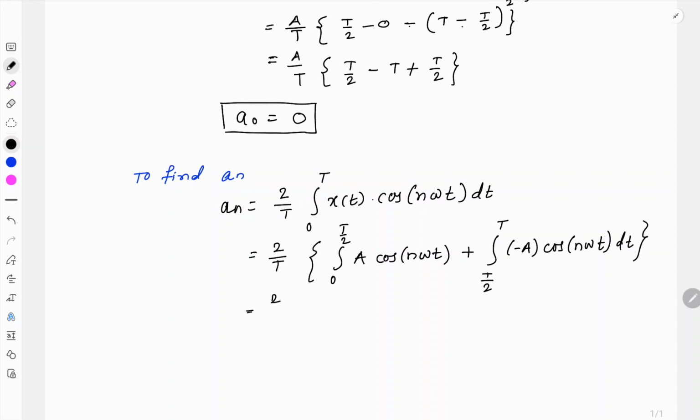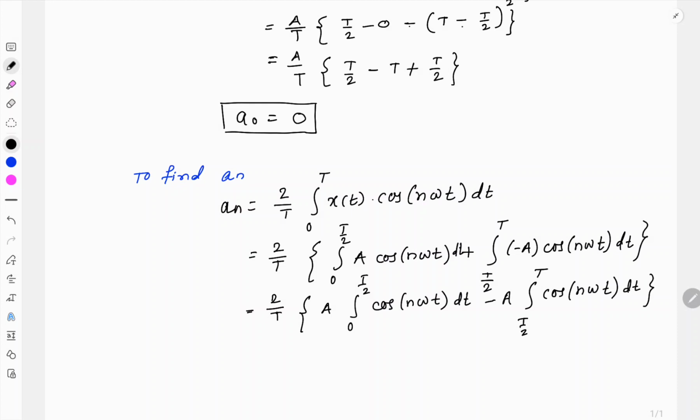Let us simplify it further now. A can be taken out of integration, so the integration remains 0 to T by 2 cos of n omega t dt. Here we can take minus A common out of the integration, so T by 2 to T cos of n omega t dt. Now if we look at the equation, we can take A common.